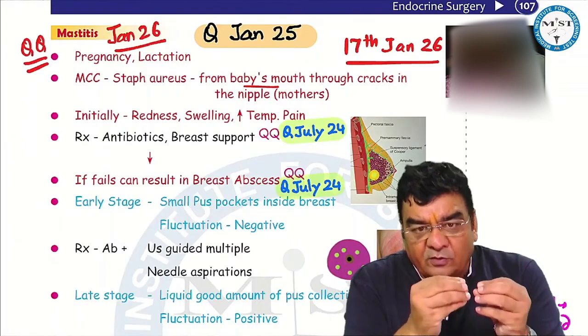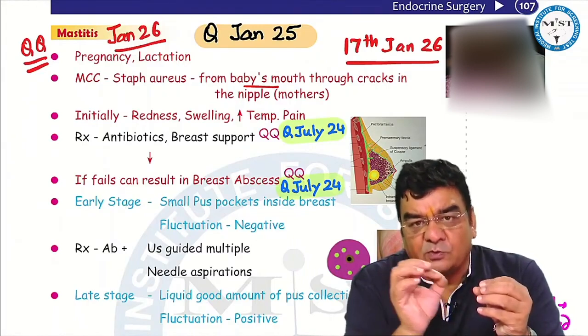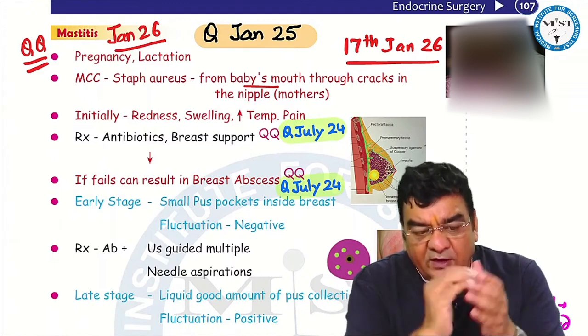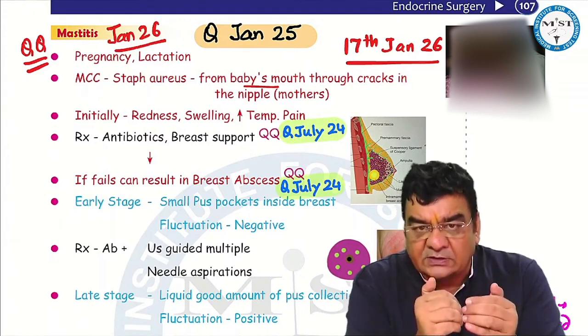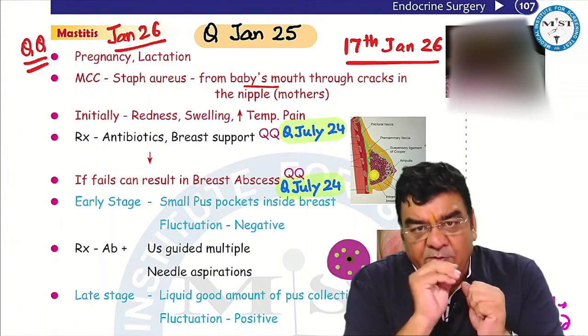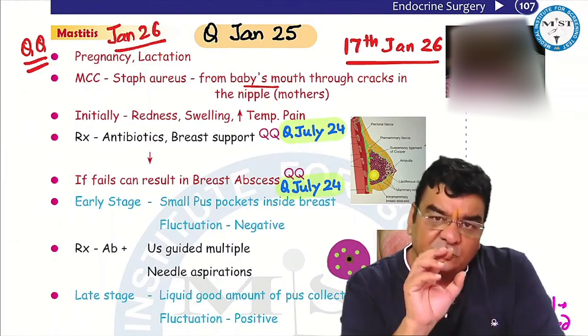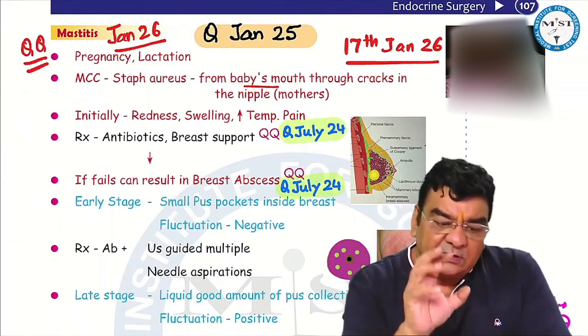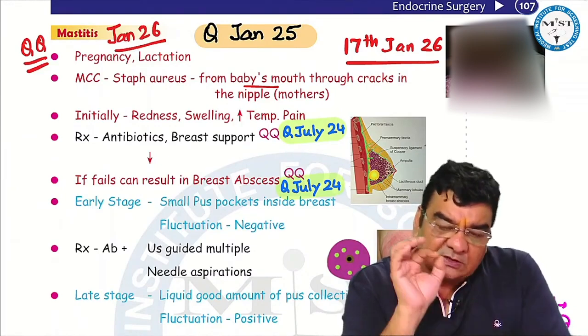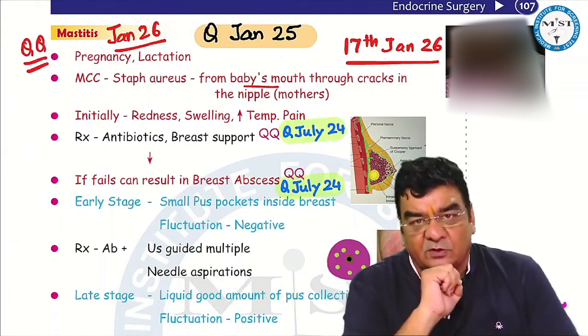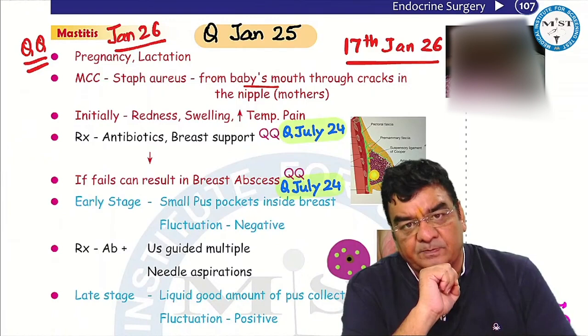And this can form tiny, small abscesses inside the breast, tiny pus pockets. If the lady comes to us at this stage, fluctuation will be negative, and ultrasound can show tiny pus pockets. This will require antibiotics plus multiple needle aspirations to aspirate these pus pockets under ultrasound guidance.